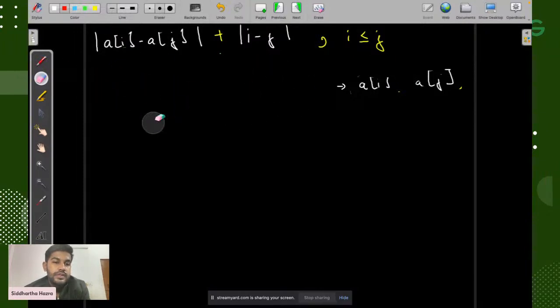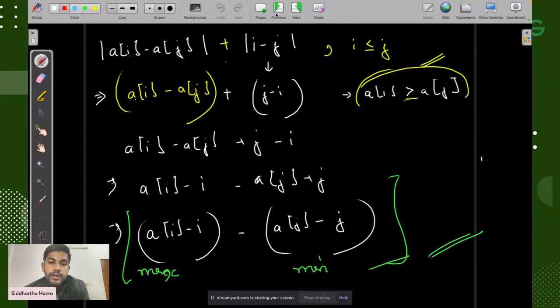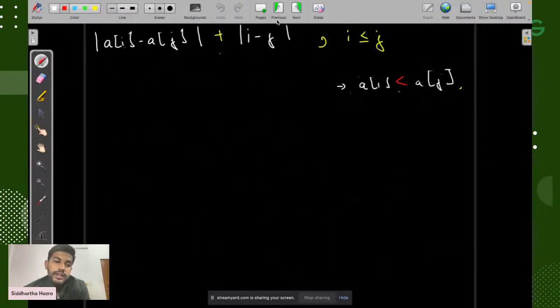Okay, so now this value is a of i is small. Yes, a of i is small. We have done it for the greater than large. Now we always know that j is greater than or equal to i, so to have this value, we have j subtracted by i.